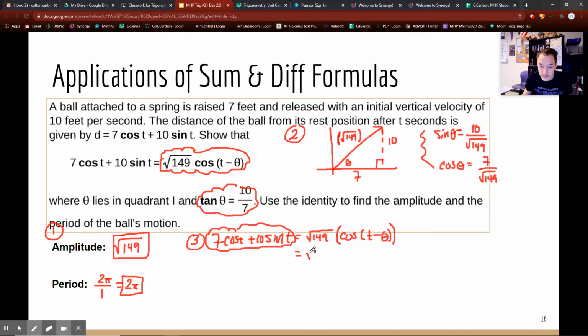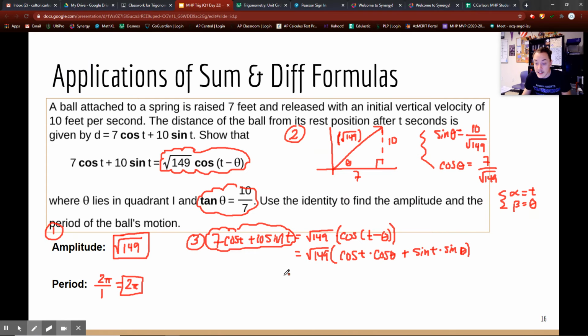It will look like radical 149, and then in parentheses, I have cosine of t times cosine of theta. Now, my alpha here is like my t value, and my beta here is like my theta value. And this is going to be plus sine of t, because that's my alpha, times sine of beta, which is my theta here.